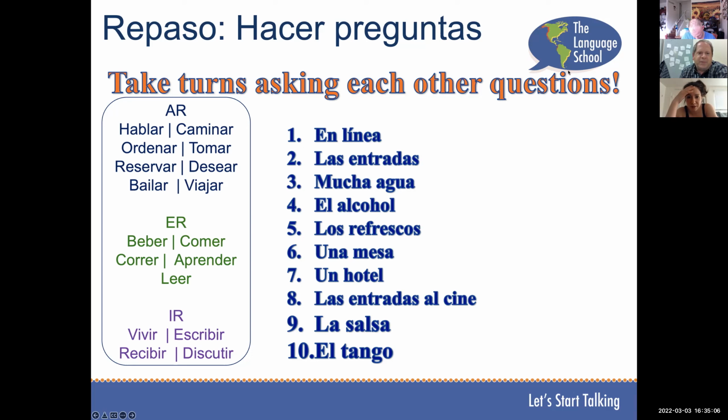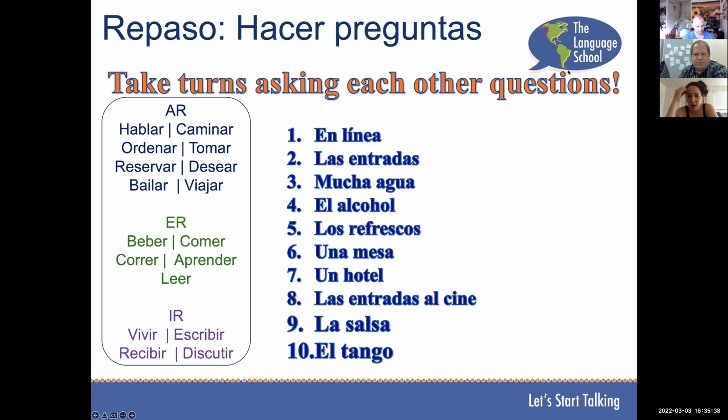Sí, ordeno las entradas. ¿Bebes mucha agua? Sí, bebo mucha agua. ¿Tú bebes alcohol?